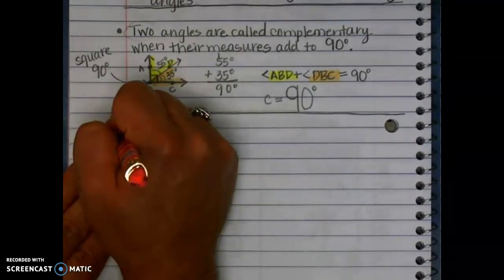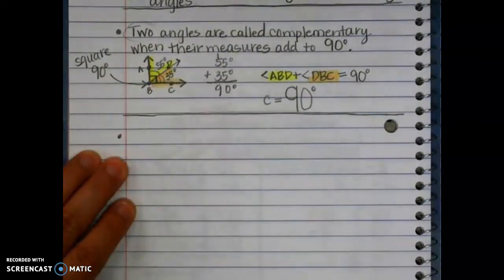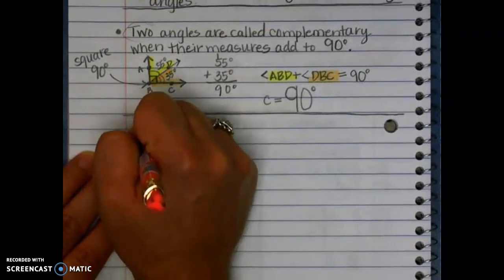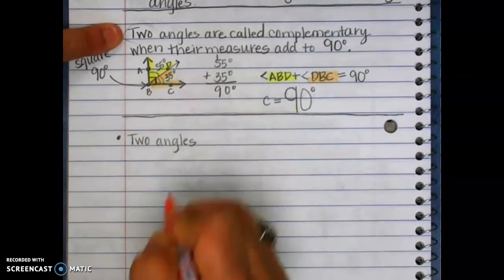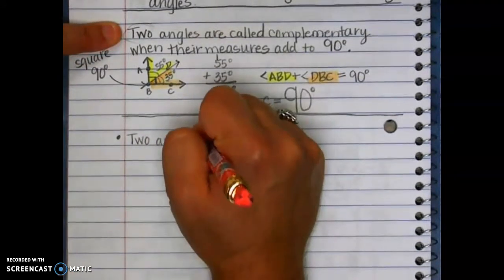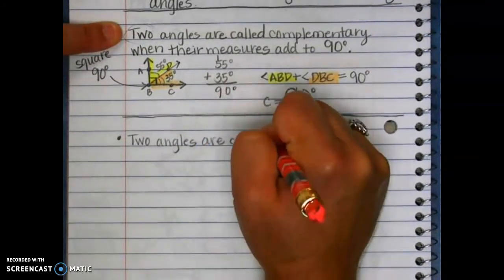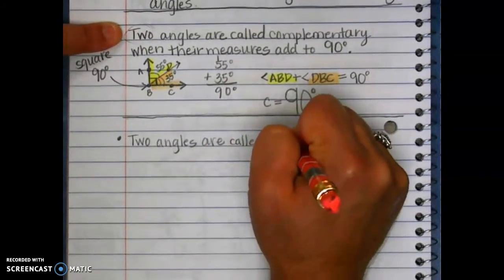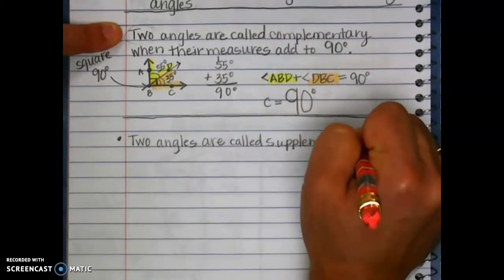Supplementary angles. Okay, we're going to start the same way with our definition, and it's going to sound a lot the same. Two angles are called, and this time we're going to change the word to supplementary, is how you spell it, supplementary.